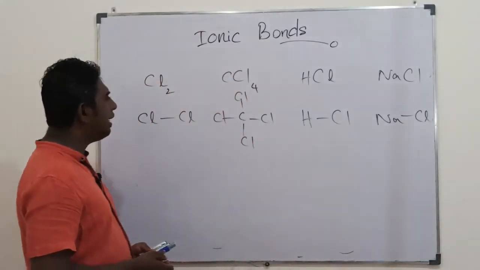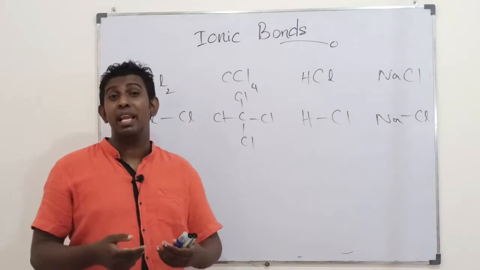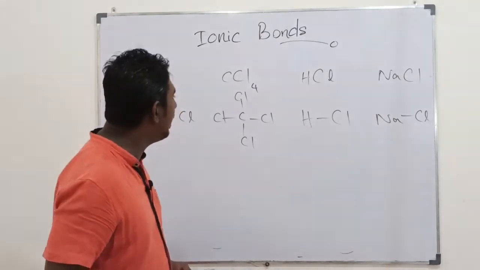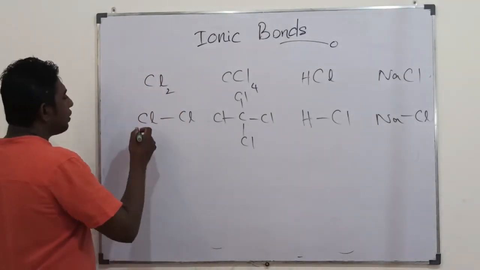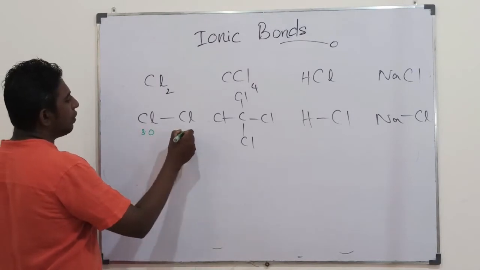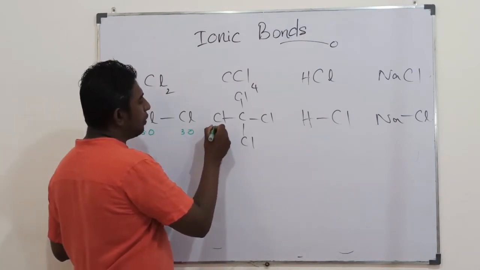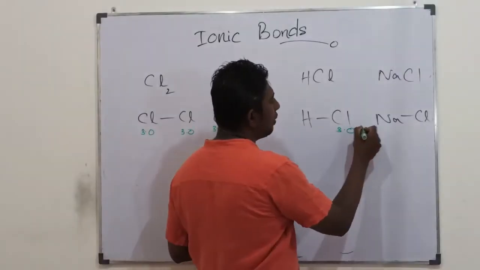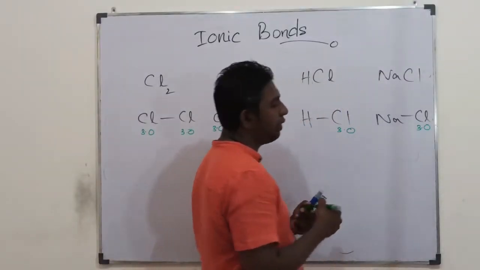Okay, students. Then let's assign the values we already know for their electronegativities. Chlorine has 3.0, 3.0, 3.0 and 3.0 there as well.